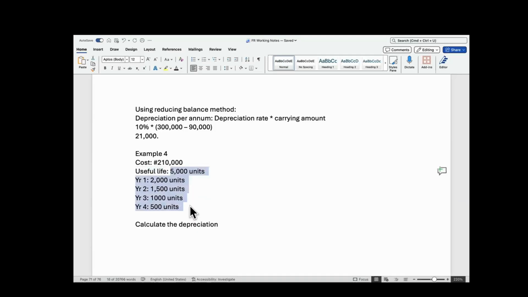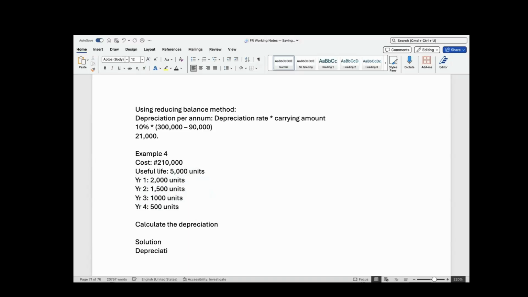If you can easily know this pattern, this is the best. If you know that the total units this asset can generate is 5,000, and you can foresee how many units you can do each year, then fine, good to go. You should be able to use that to allocate your depreciation. So how do you do this?